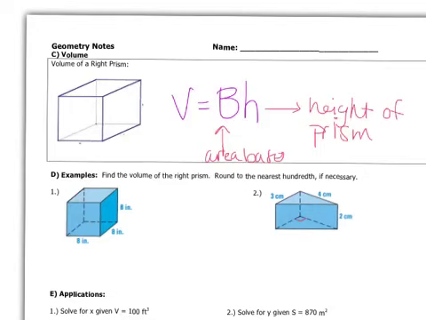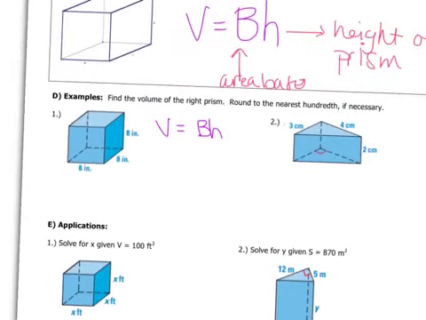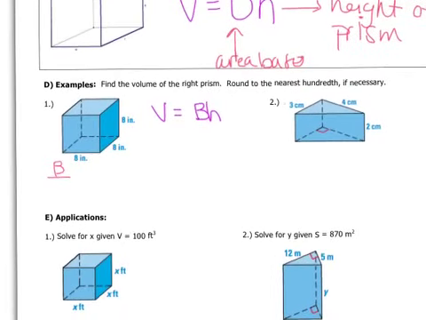So if you look at the first example, again, we'll start with the formula. Make sure that I'm seeing everything that you're doing in your work. And then off to the side, we will find the area of the base. Don't try to do this all in one line or one step. What figure is the base?